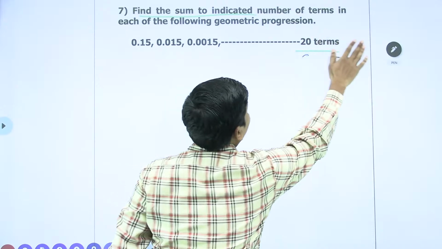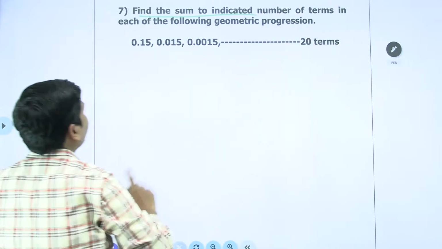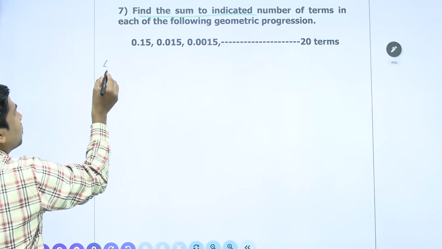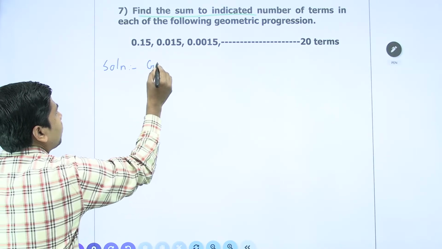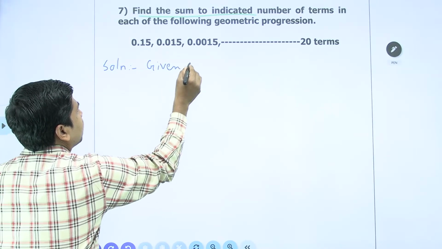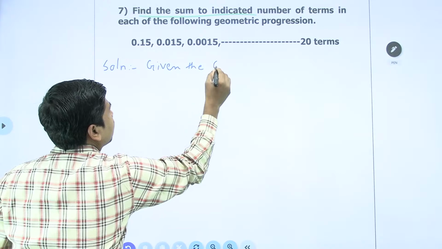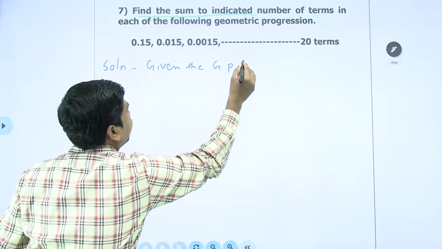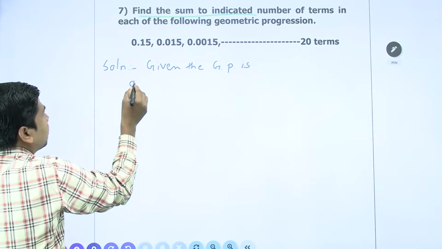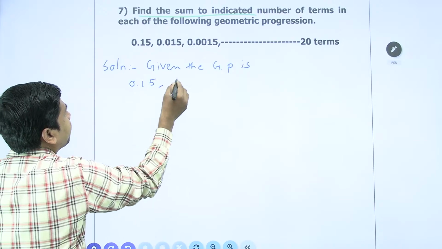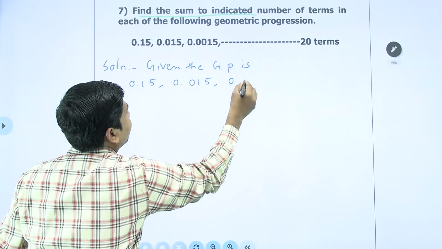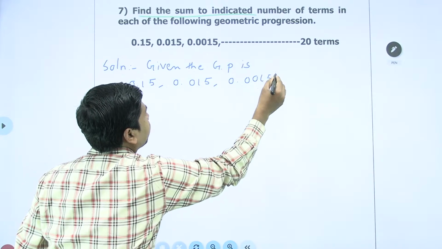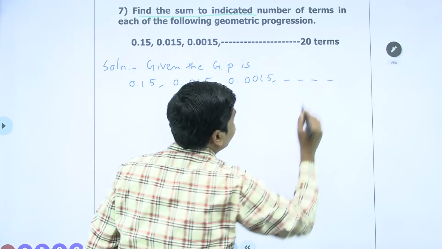Okay, what is given for us? Let us take the given geometric progression. The given GP is 0.15, 0.015, 0.0015, and so on.